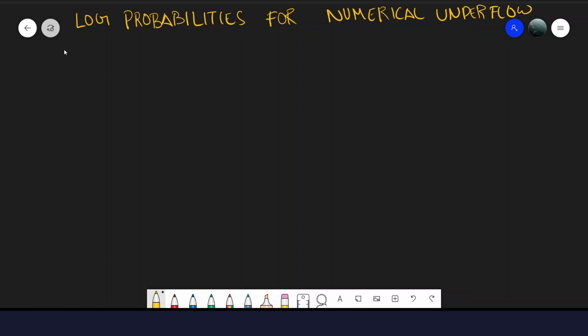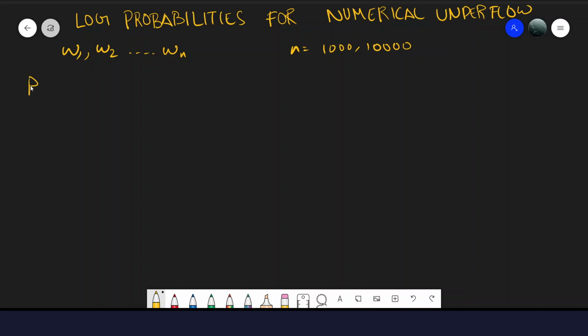Let's say I have a text corpus with words W1, W2, all the way to WN, and N here is equal to, let's say, 1,000 or 10,000. There are lots of words in English.